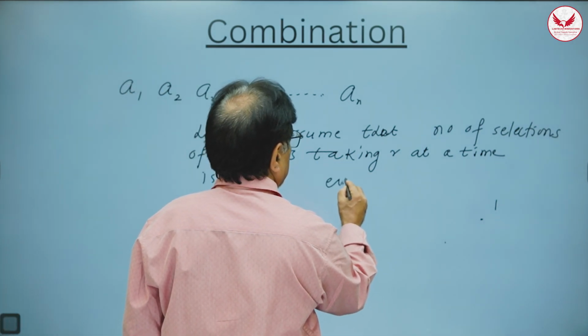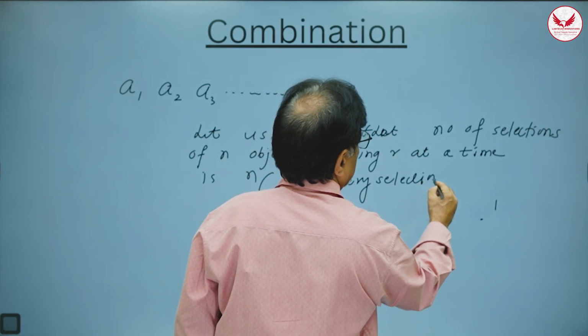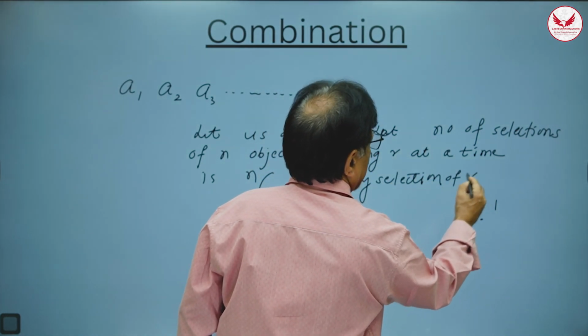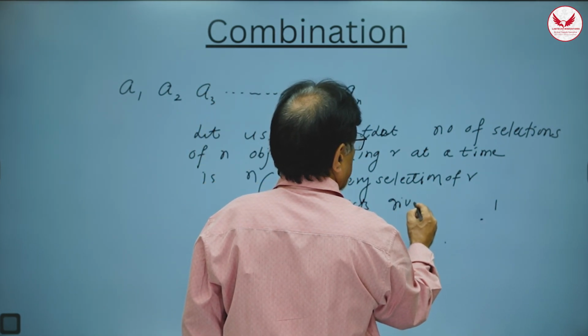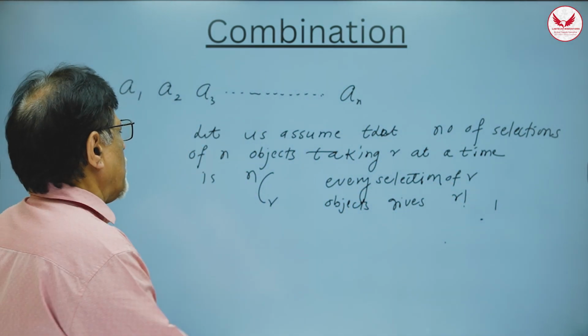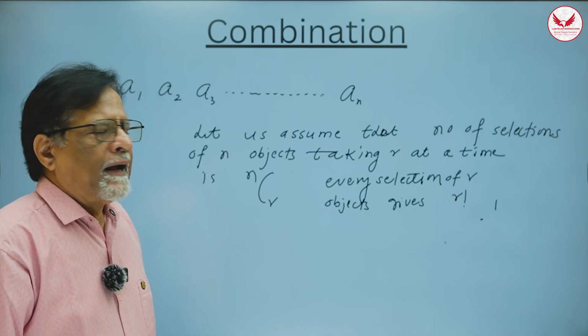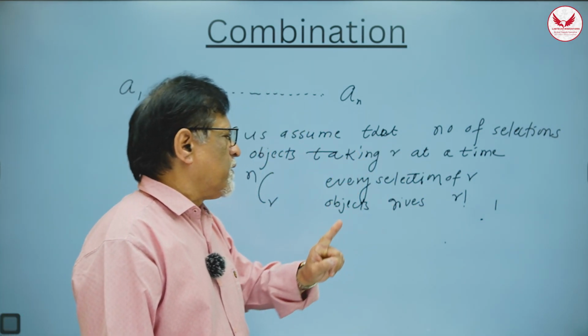So every selection of r objects gives r factorial permutations. So how many permutations will I get in total? I have got nCr selections. Each selection gives me r factorial permutations.